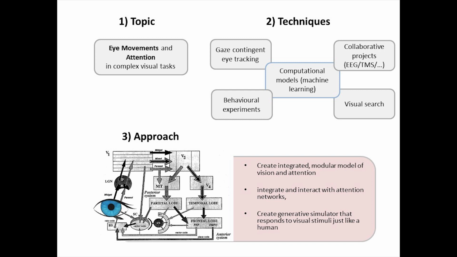But I also use computer models to try to figure out the complexity behind this very complex system. I use tasks like visual search, different types of very directed eye tracking, gaze tasks, and so on.